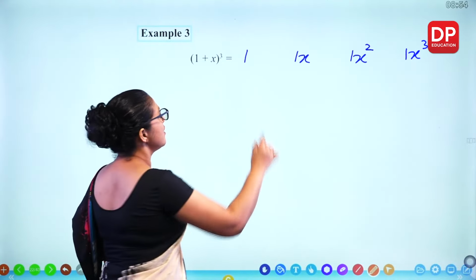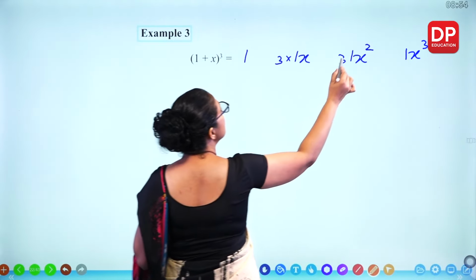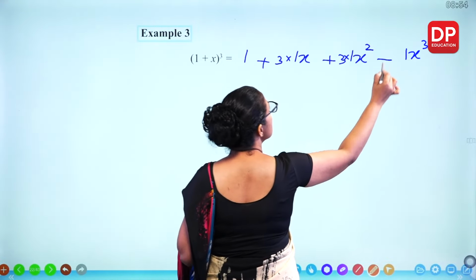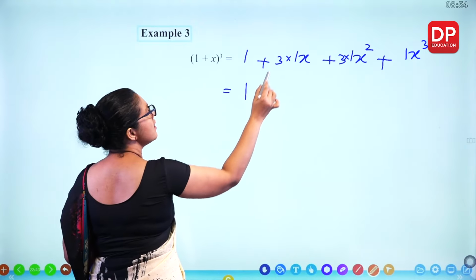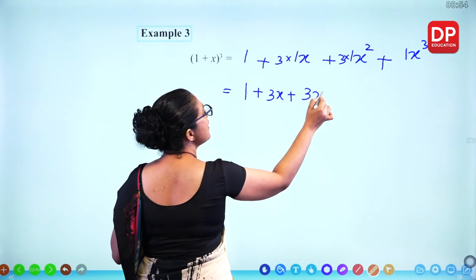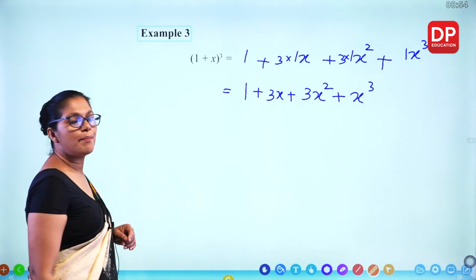And then you put 3 here, 3 here, and this is pluses for all terms. So what's the expansion? After you expand this, you get 1, 3 times x, 3x, 3 times 1, 3, and you get power 3.